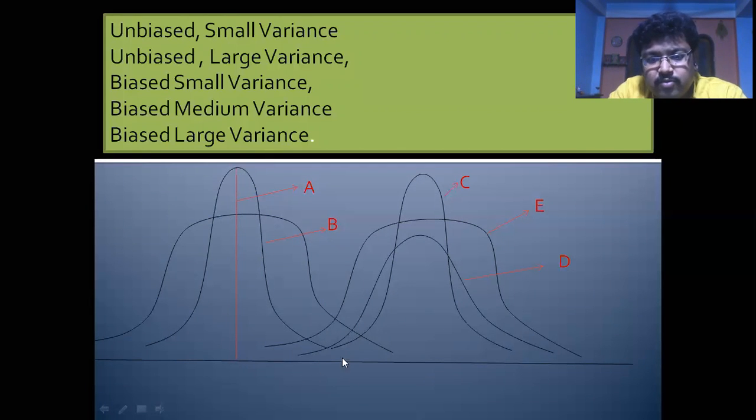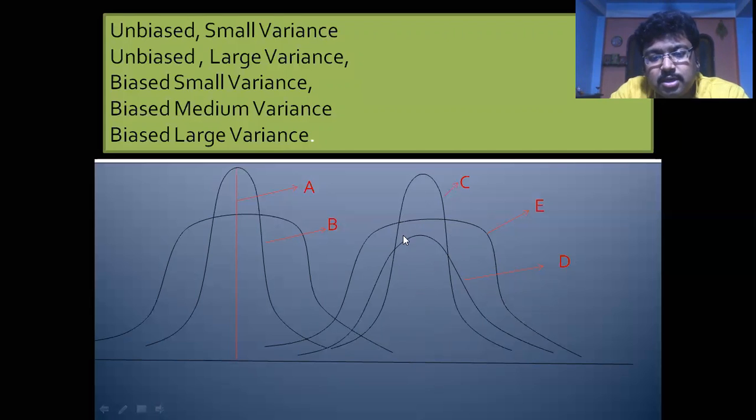Similarly, you can see the medium variance for D. The distribution D represents the medium variance, but it is biased because the estimator is not equal to the parameter. Now, the distribution E represents the bias and also large variance.